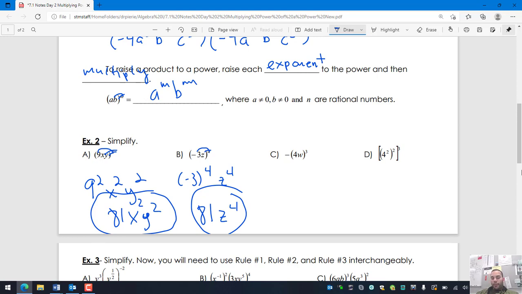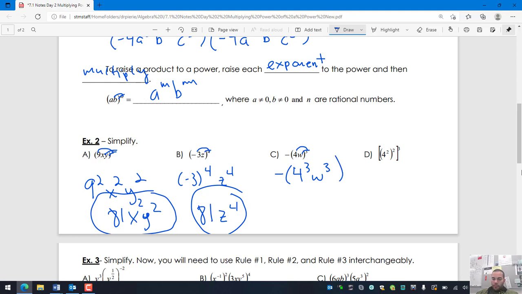Okay, now if we compare it to c, a little bit different. We got the negative in front, and then some parentheses, 4w, and only the 4w is being cubed. Only the 4w is being raised to the third power. So if we do this, we got to account for order of operations. We got to account for the exponent first. This 3 is going to distribute to each specific piece. I'll have this negative, and then in parentheses, I'll have 4 cubed, w cubed.